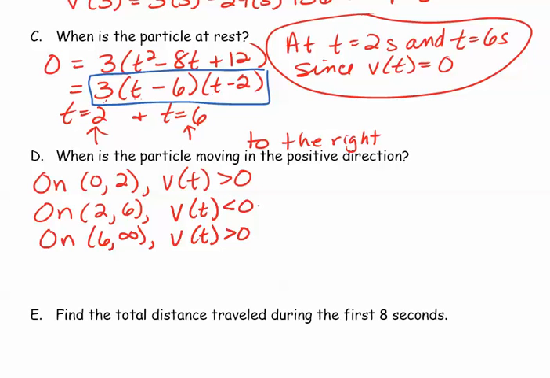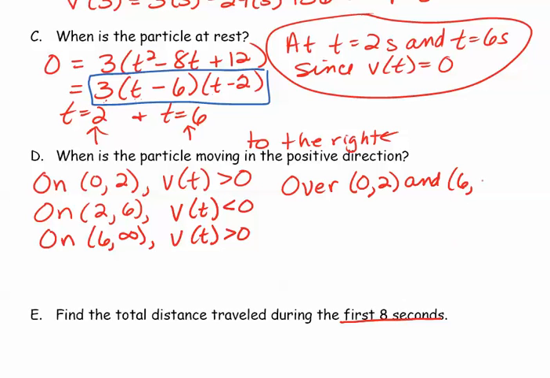So in any case, here our question is, when was it moving to the right? So we would say over the intervals from 0 to 2 and 6 to, I guess, infinity. This is that same problem I had in my worksheet in class where I didn't give you this upper limit.